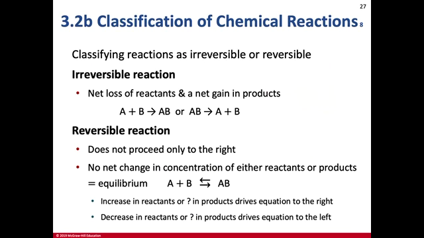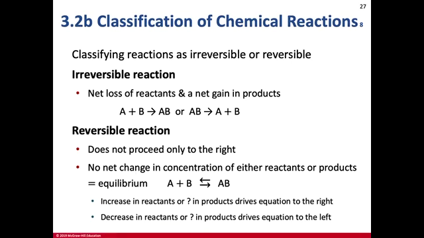Okay? So, in a reversible reaction, we have a much lower energy difference between the reactants and the products, and what happens at equilibrium is that you'll have a certain ratio of reactants to products, right?